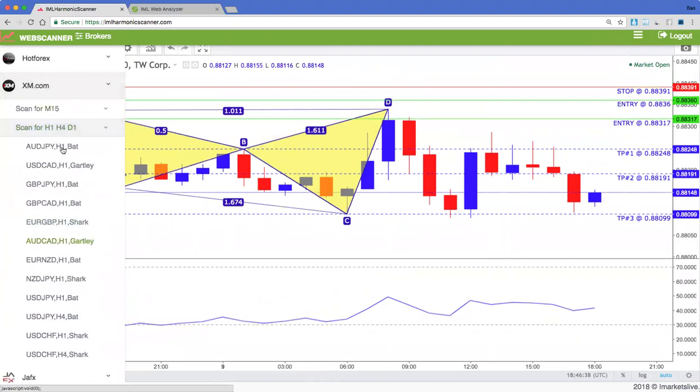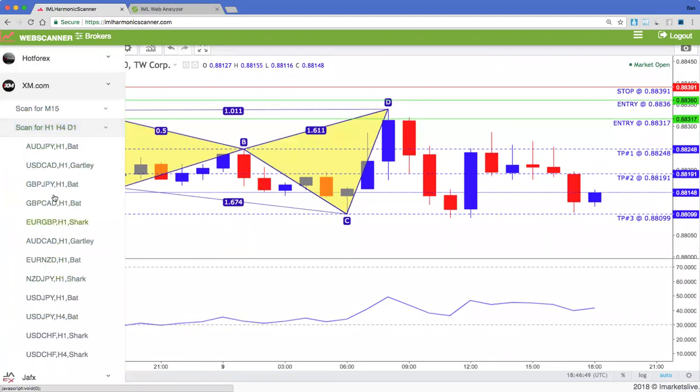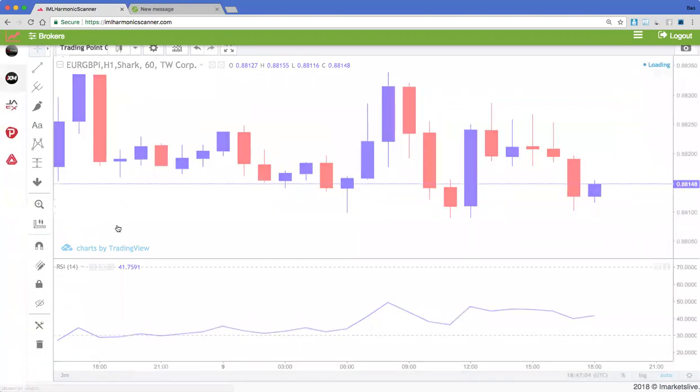So what you see, maybe it looks like chaos, but I remember the pairs that we already did, and the pairs are in the different brokers. They are finding the same patterns with the same data. So sometimes not, but sometimes they do. You can just remember we just did US dollar CAD, so I'm not clicking it on this one, and I'm just going through the list indirectly on the different brokers.